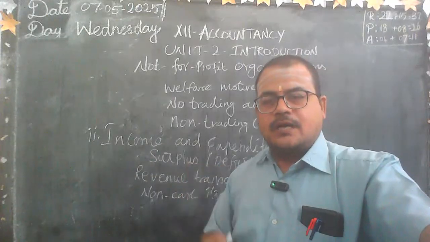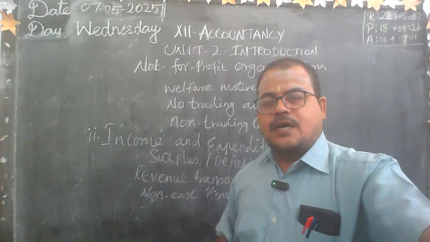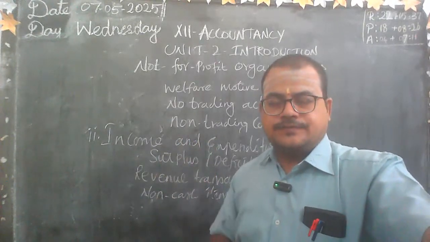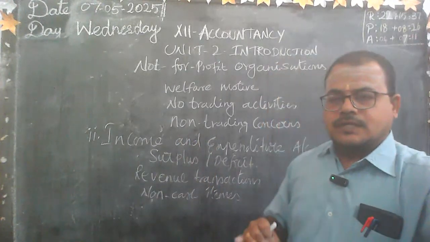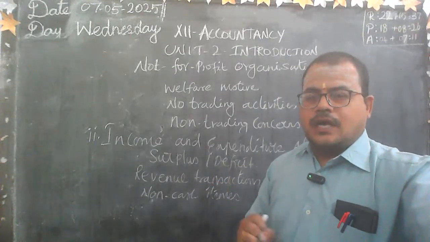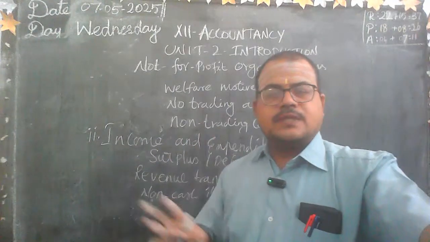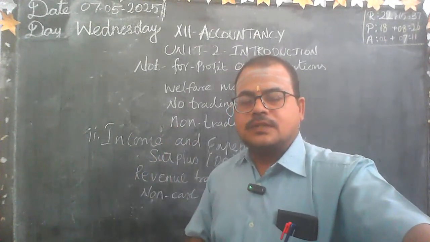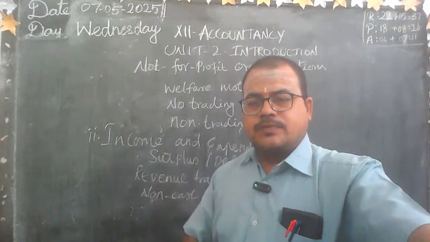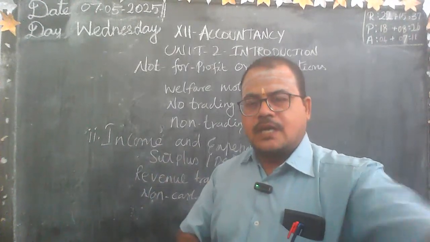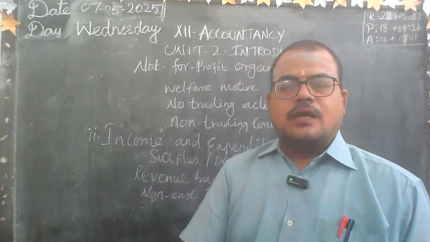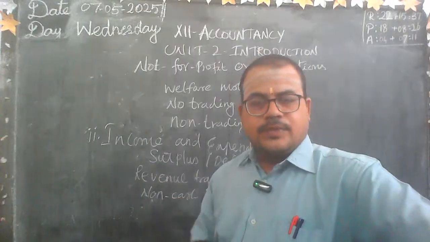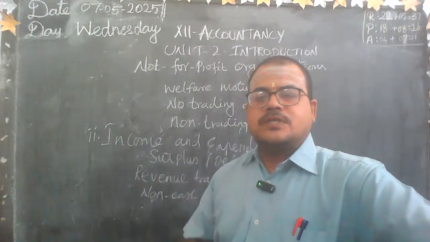It is prepared to find out the closing balance of cash in hand or bank balance or bank overdraft. The second account is the income and expenditure account, which is similar to profit and loss account. It is prepared to find out surplus or deficit. And then the balance sheet, which is prepared to find out the financial position of the business.